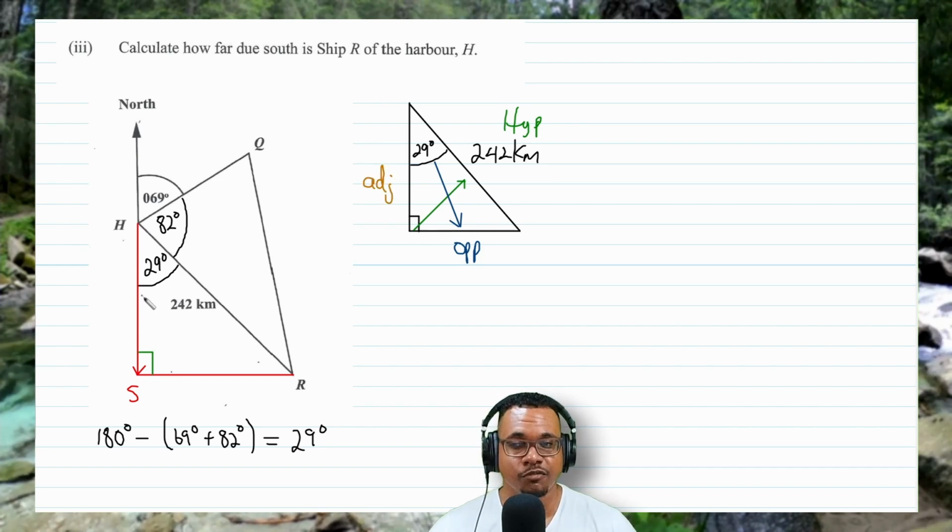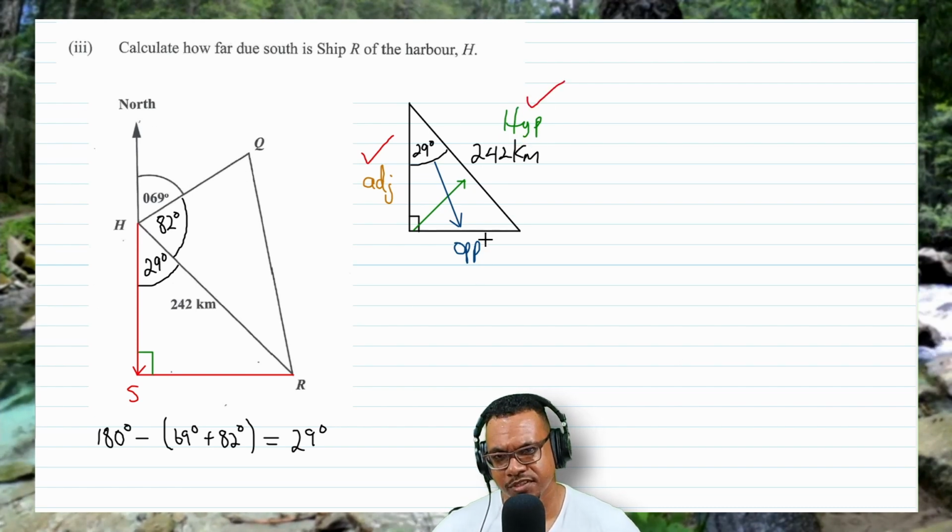Now, seeing that we want to find out how far due south ship R is from H, we want to find the adjacent side. So using my trig ratios, because we have a right angle triangle, my ratio must have adjacent in it. That will be my only unknown. I know my angle. So whatever I choose as my next side, I must know the value of it. I can't use opposite because that's also unknown. So I'll have to use the hypotenuse, because I know the length of the hypotenuse is 242 kilometers.